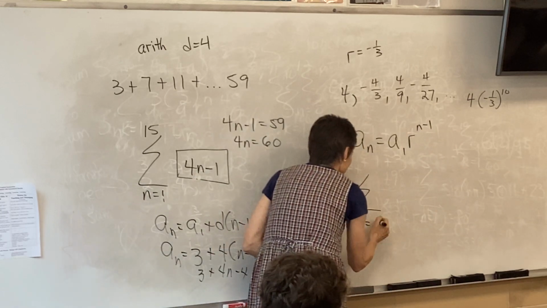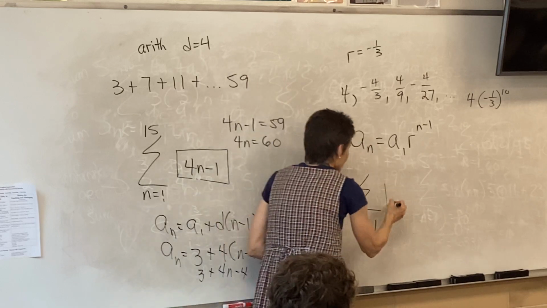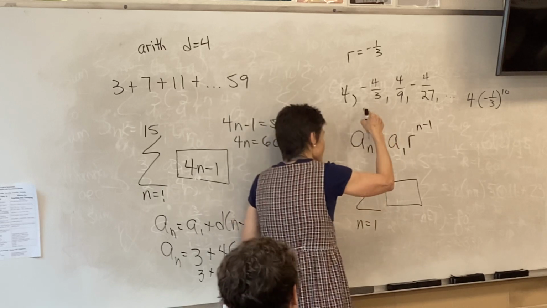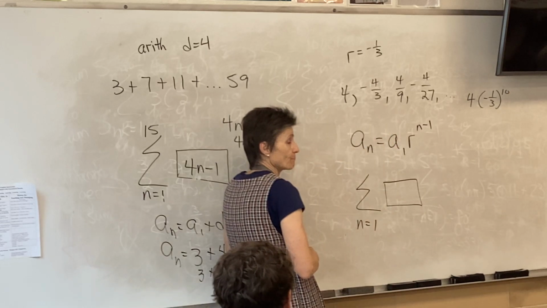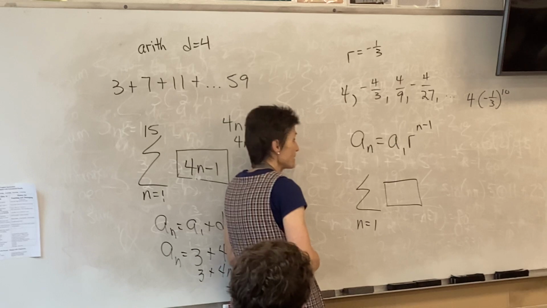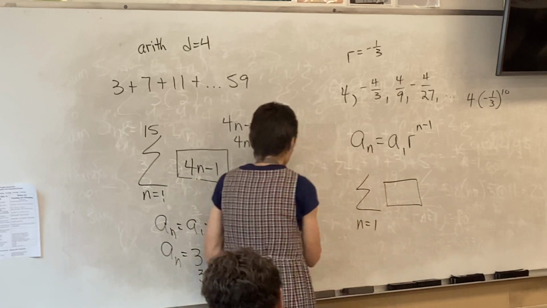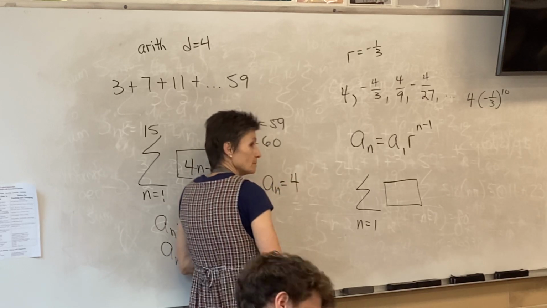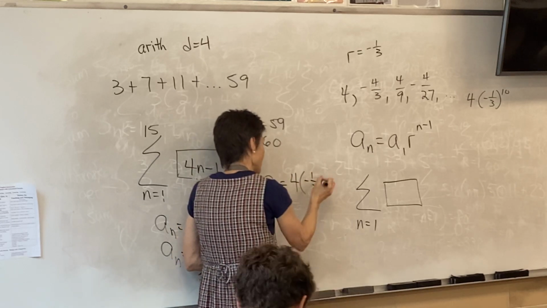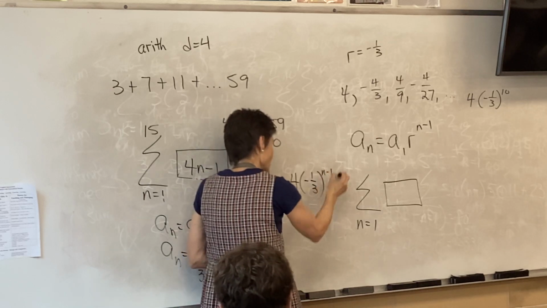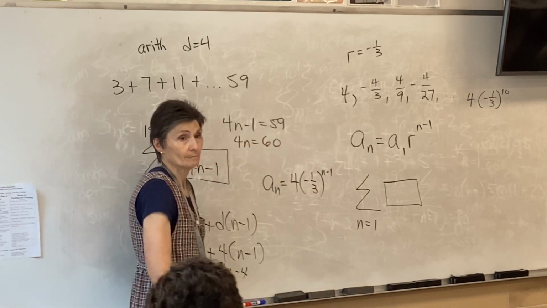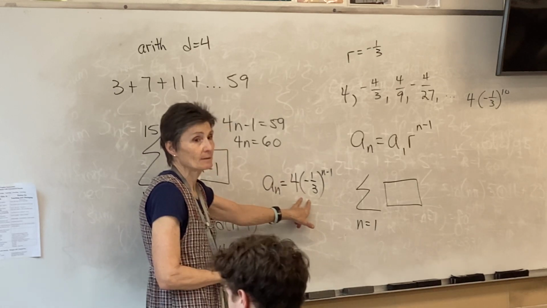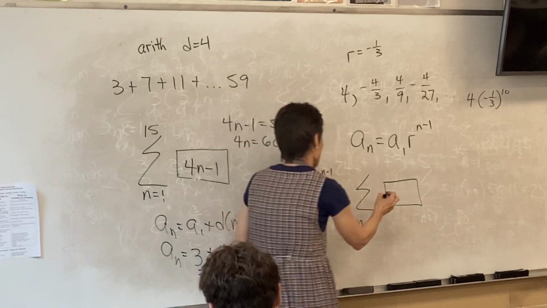I'm going to start with n equals 1 and find the explicit formula for this sequence. The nth term is 4 times negative 1/3 to the n minus 1. Remember, we do not try to simplify that. We never can, so we just leave it.